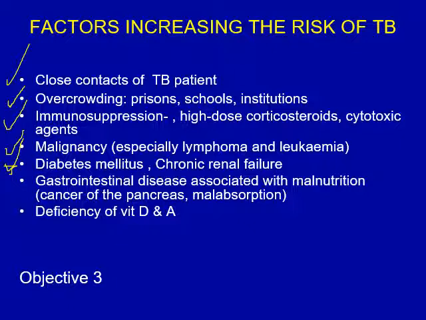Gastrointestinal disease associated with malnutrition can also impair immunity. And the last is deficiency of vitamins A and D, which can also increase susceptibility to TB. So the risk factors are close contact, overcrowding in prisons and other areas, immunosuppression caused either by drugs or by disease like lymphoma, leukemia, diabetes, gastrointestinal malabsorption, cancer of the pancreas, and also vitamin D and A deficiency.